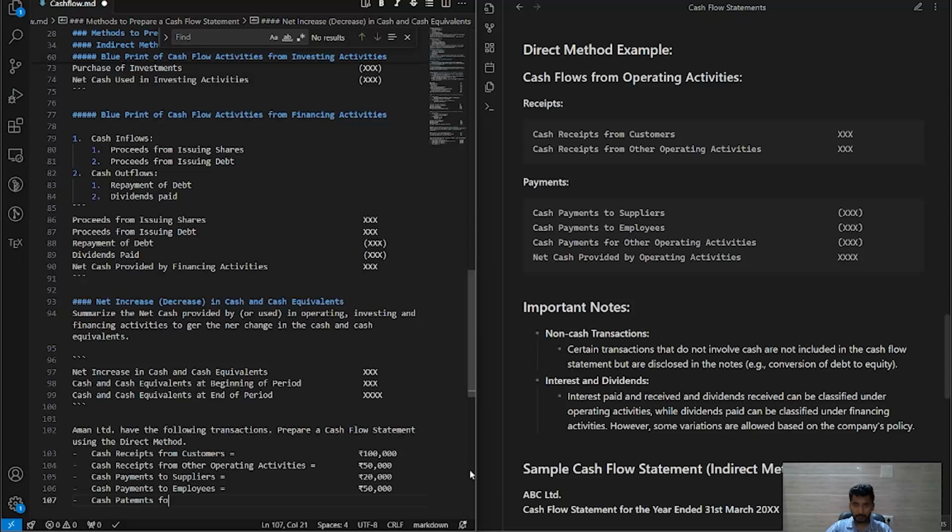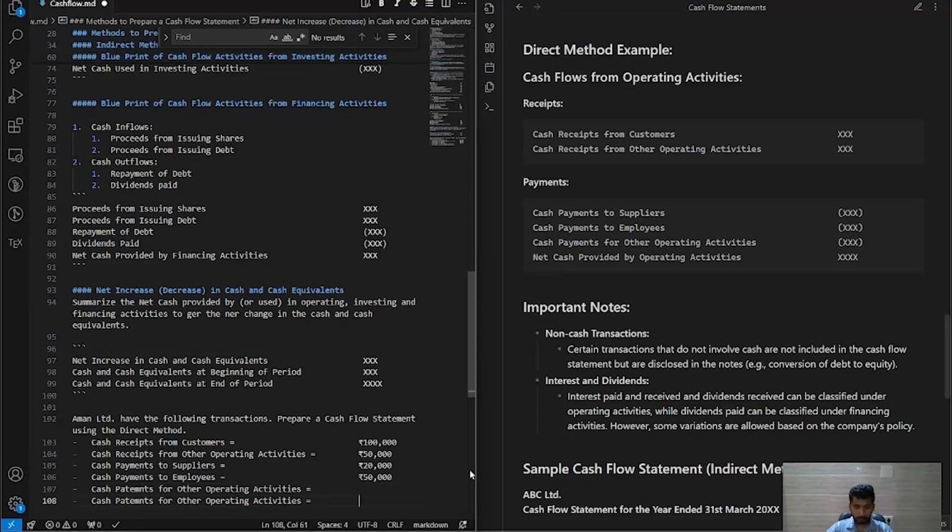Cash payments for other activities will be rupees 15,000.